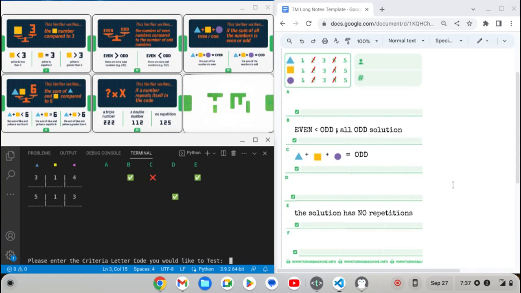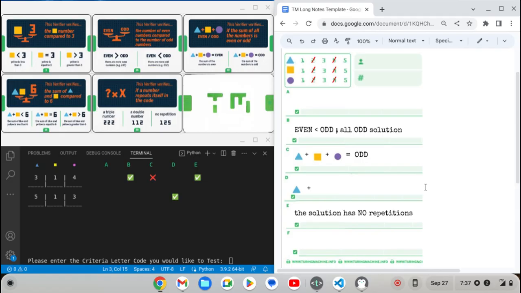And so let's type that up in our notes in section D. So triangle plus square does equal 6.